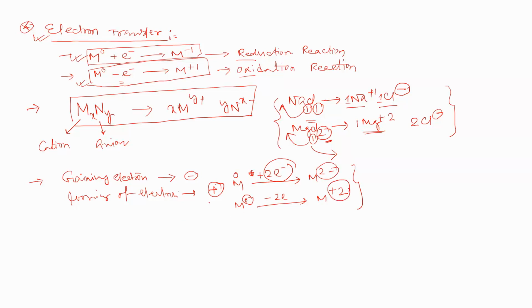So when the electron is gaining, that will be the negative charge, and when the electron is losing, that will be the positive charge. So these are the basic ideas we have to know before going to the electron transfer reaction.